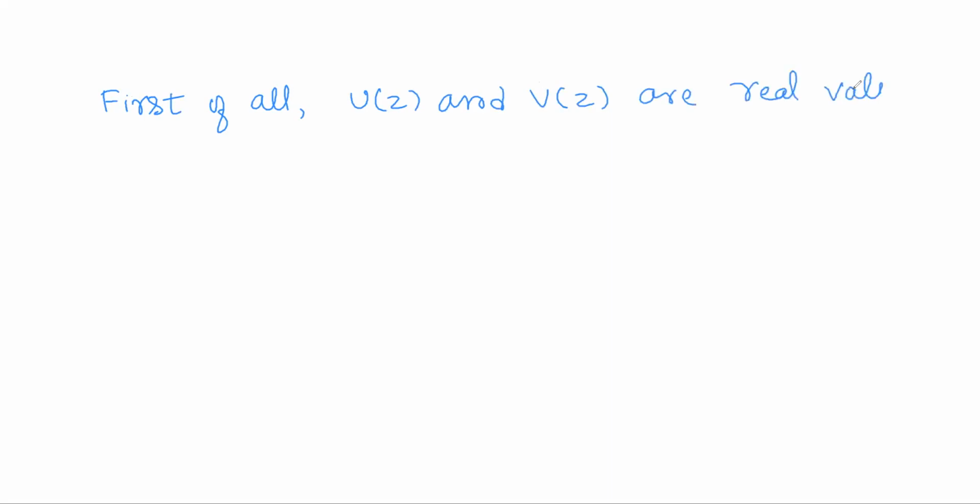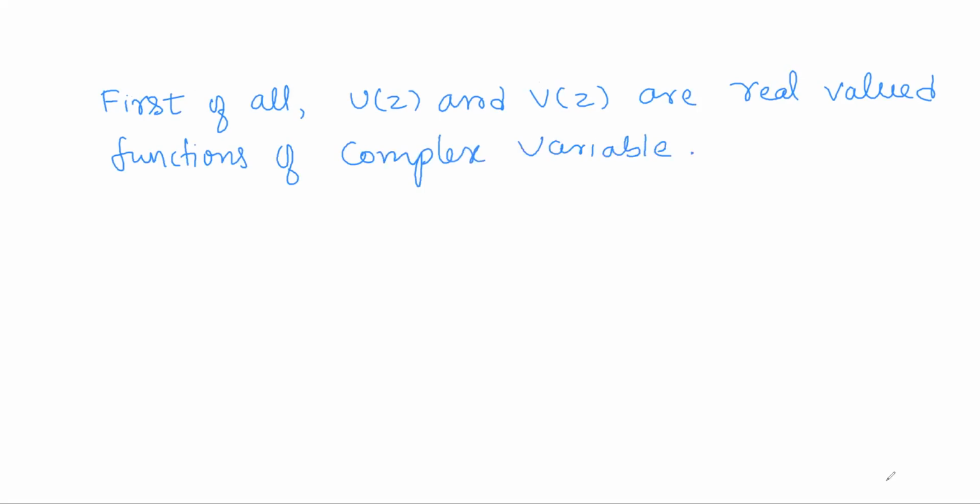So first of all, u of z and v of z are real valued functions of a complex variable, which satisfies one necessary condition.